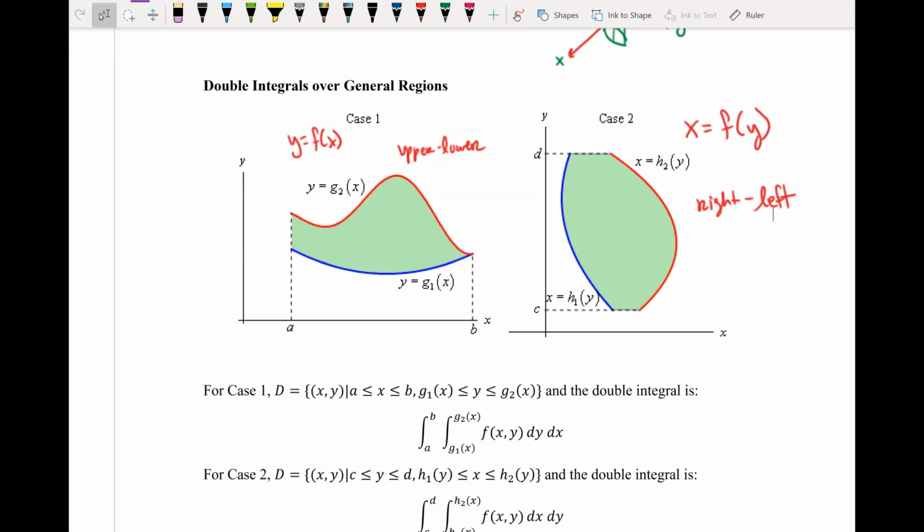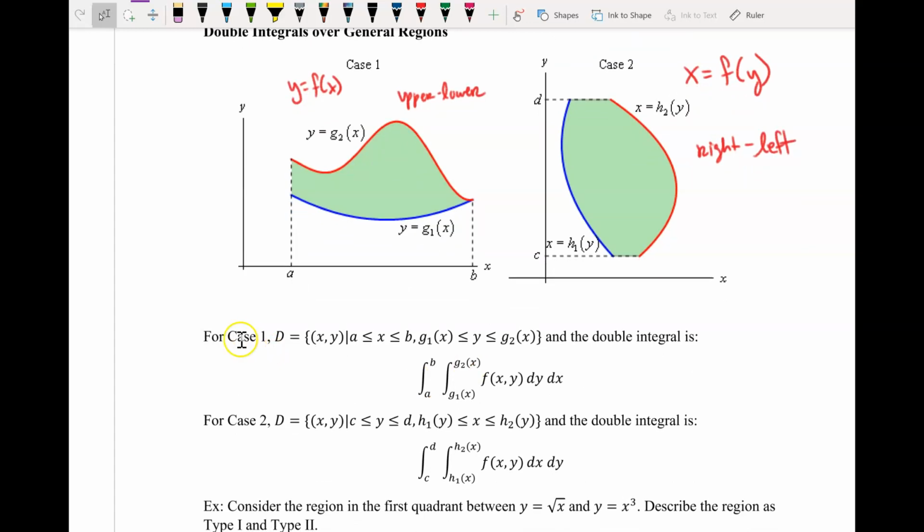Here I have a little notation. Let's say you have case 1. The way you set up the double integral is always the following. The inner integral is always going to have the functions themselves. The way I like to think about it is to draw an arrow from the x-axis all the way up. The first graph this arrow hits is my lower limit of integration.